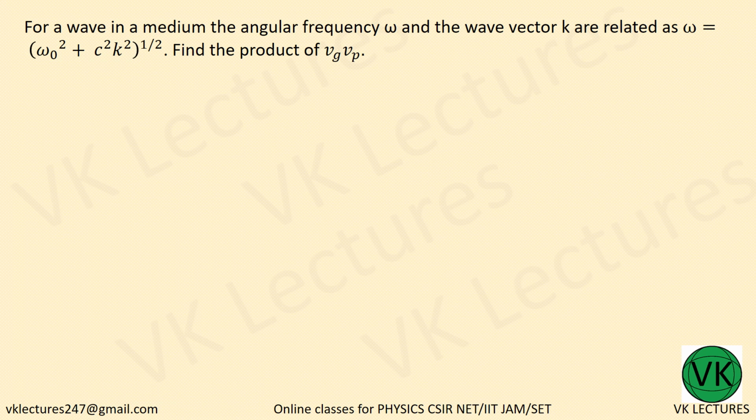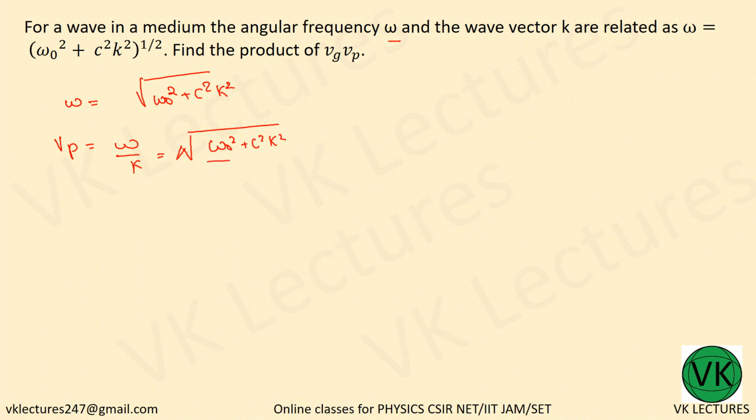For a wave in a medium, the angular frequency omega and k are related as omega equal to root of omega naught square plus c square k square. So the first thing we can get is Vp, which is equal to omega by k, that is root of omega naught square plus c square k square by k.